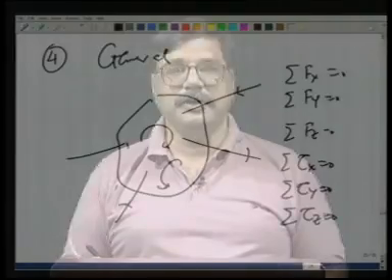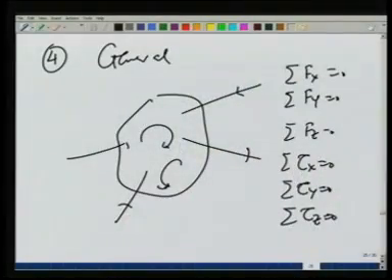That is the most general condition, but what we covered earlier in 3 cases is if the forces are concurrent or they are concurrent on a line or if they are parallel, some of these conditions are automatically satisfied and we need not worry about them.